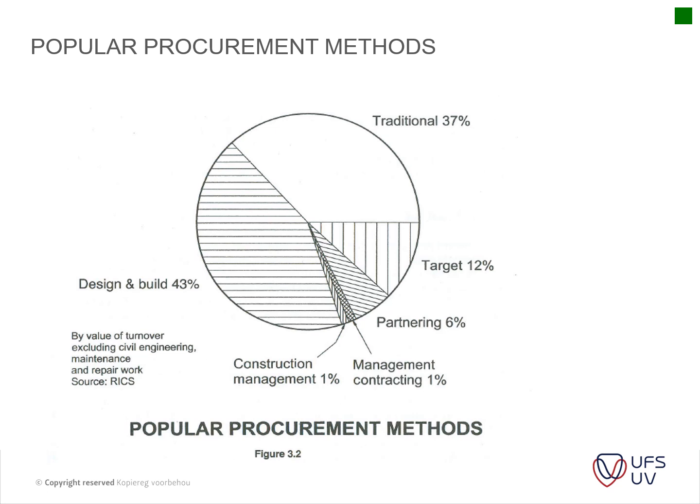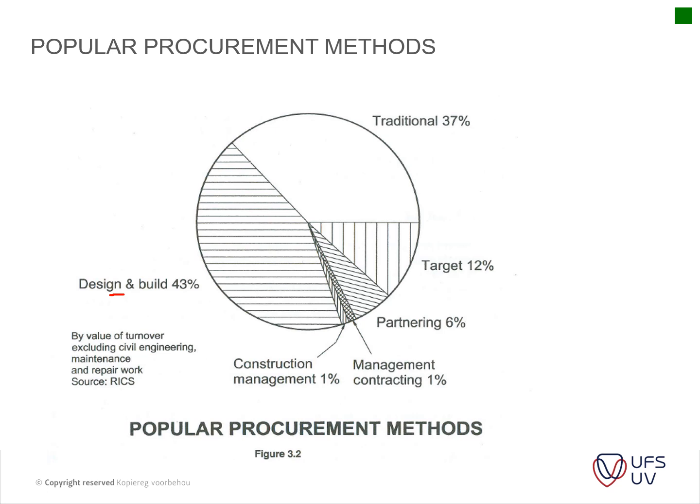Okay, then we get to our procurement methods. So our procurement methods are divided into this table that's shown here. So we've got our design and build. This information is from the UK, so this is according to monetary value.